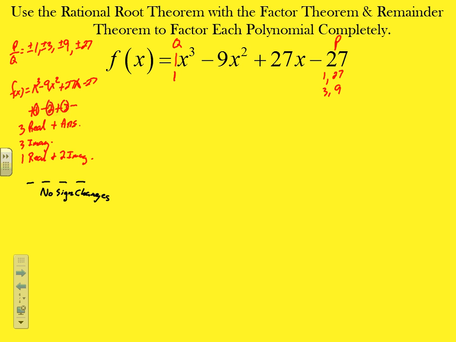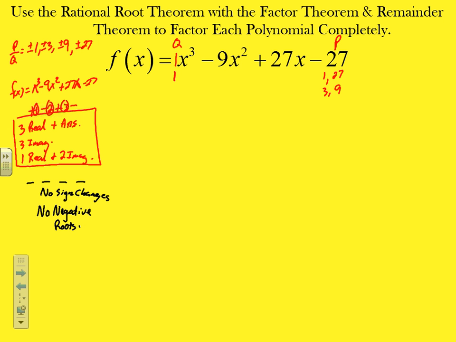Because there are no sign changes, meaning we don't go from positive to negative or from negative to positive, that means there are no negative roots. So what we have listed here are the only possibilities. Because there's no possibility of negative roots, we don't want to do any division with negative numbers.